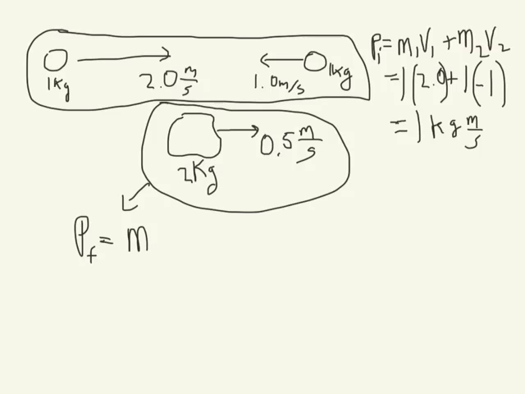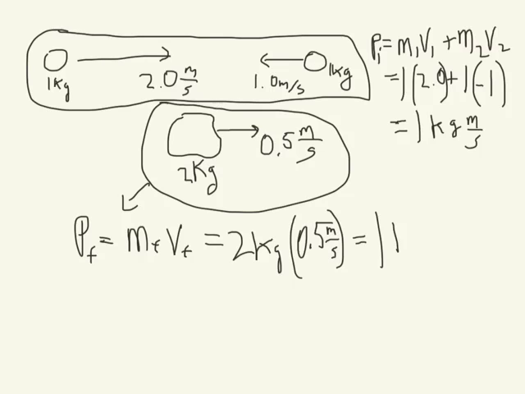So it would just be the final mass of that one object times its velocity after the collision, which is 2 kilograms as the m, and the v is 0.5, and 2 times 0.5 is 1. So again, we have momentum conserved in the collision.